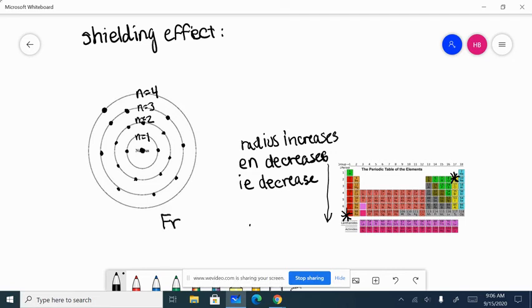Francium would be the largest. He would have the smallest ionization energy, and the smallest electronegativity. This makes him the most chemically reactive metal. It also makes him the most metallic.